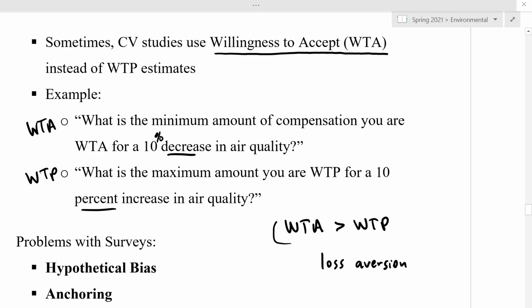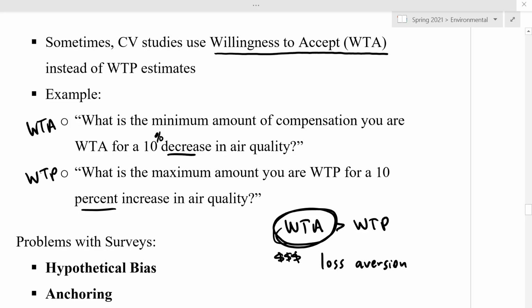So if I already have access to a national park and people ask me how much I would accept for this park to be demolished and turned into corporate offices, I would give a larger estimate than if I live somewhere I don't have a national park and somebody asks, we want to turn all of this land into a national park. How much are you willing to pay to do it?